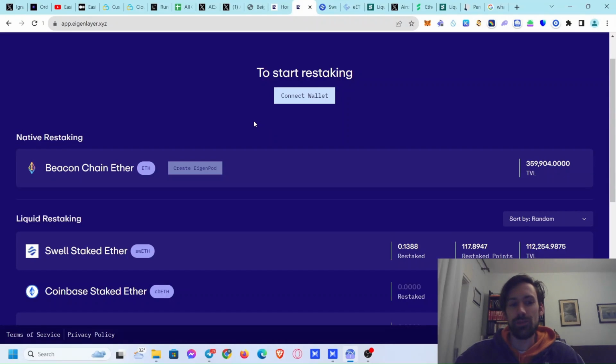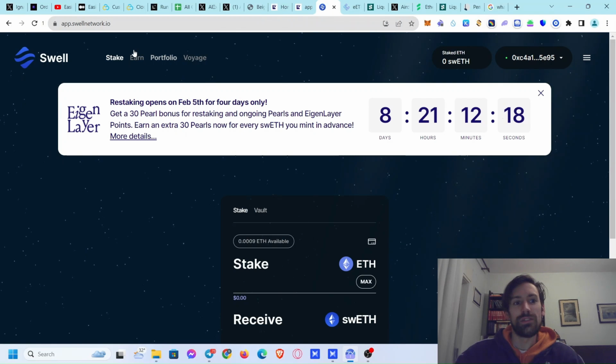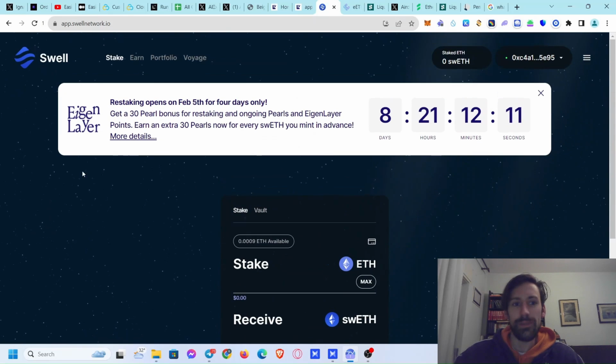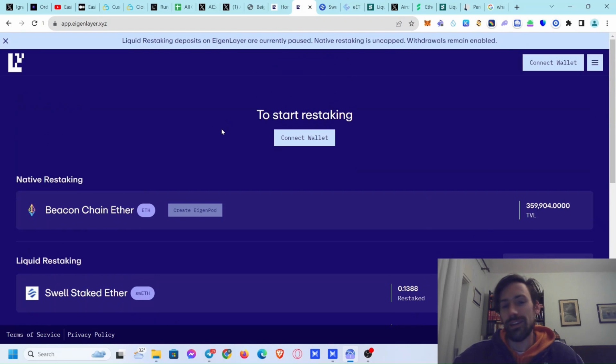However, it makes a lot more sense to expose yourself to a little more risk by going with SWELL staked Ether. So you would go to app.swellnetwork.io, deposit your ETH, get SWELL ETH, and you would also get 30 pearls for deposit and another 30 pearls for restaking. And that way, on February 5th, you would be getting a 2-in-1 airdrop strategy.